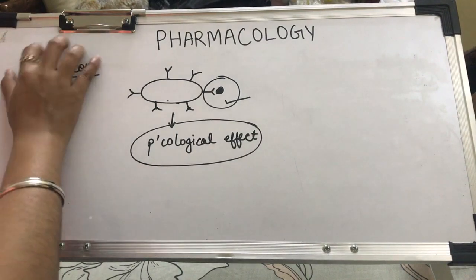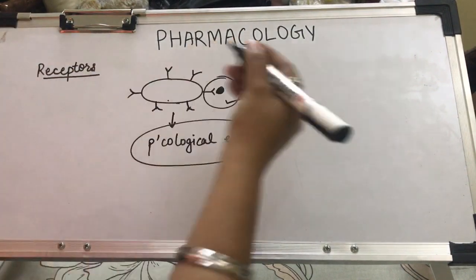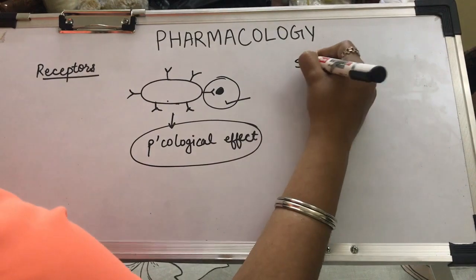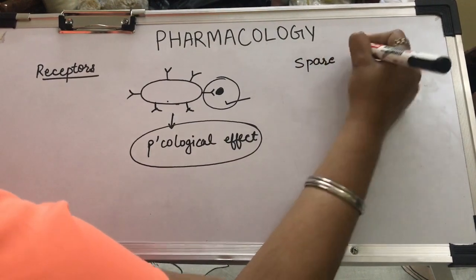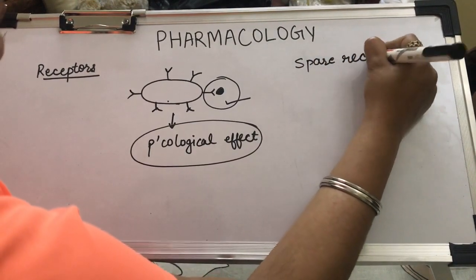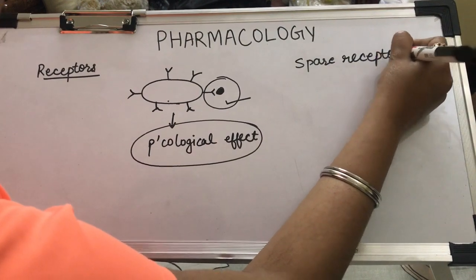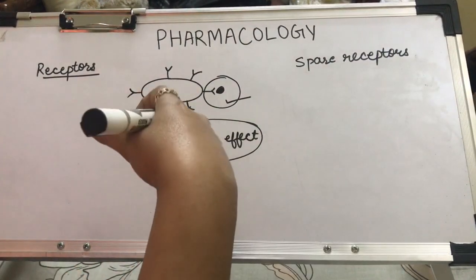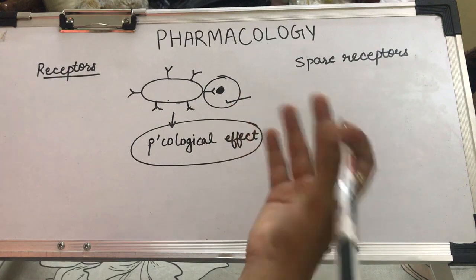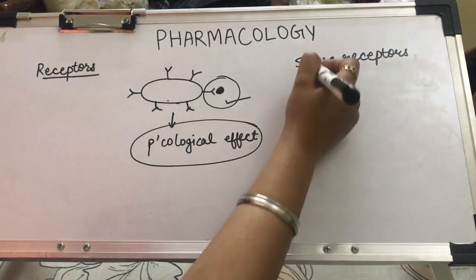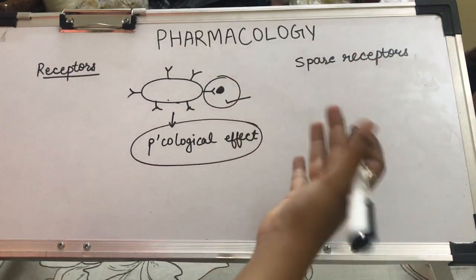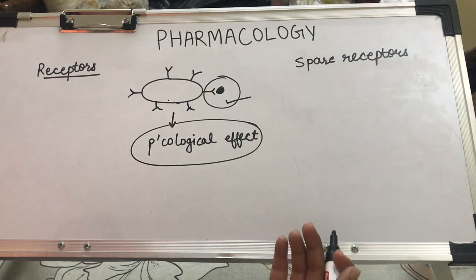If we talk about receptors, there is a term known as spare receptors. So what are spare receptors? As the term indicates, spare means that something extra is present there.